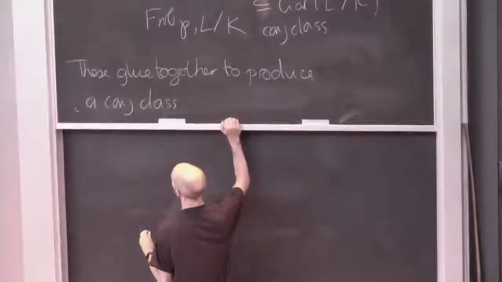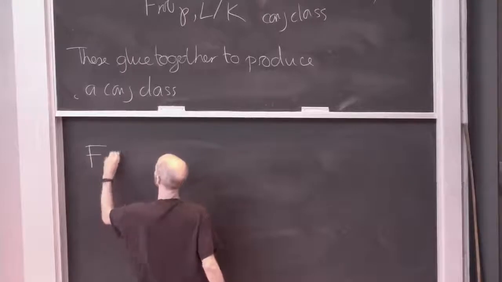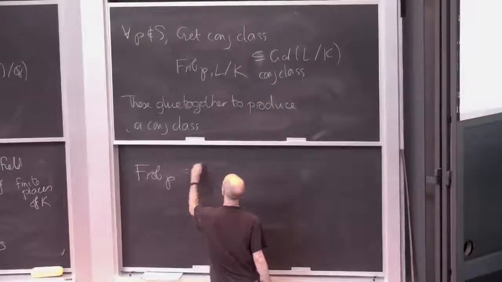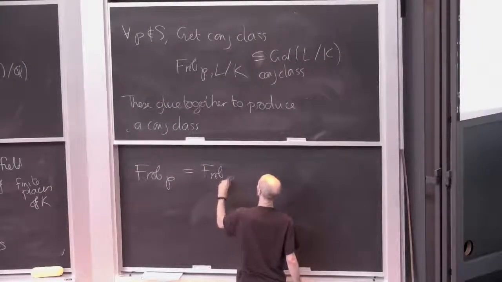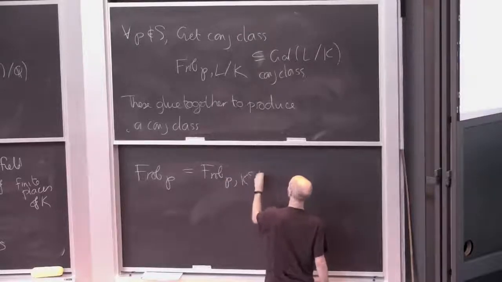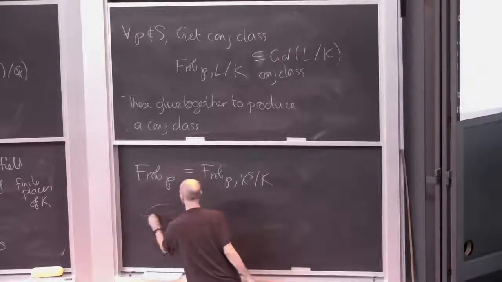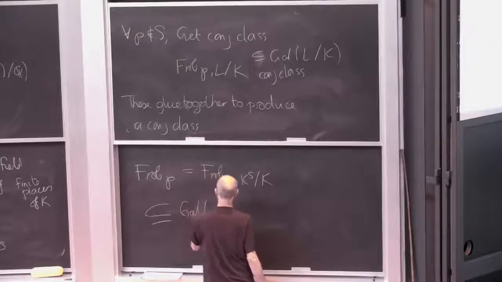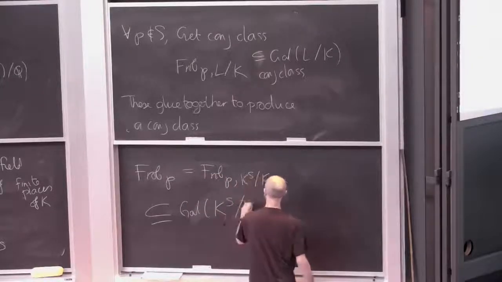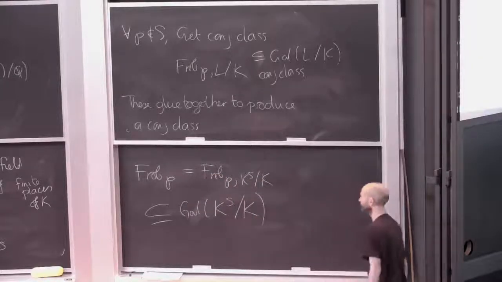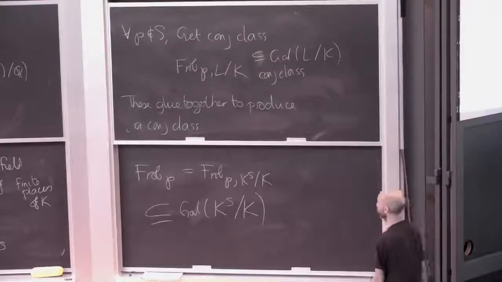And that conjugacy class is now still called Frob_𝔭. And if you like, Frob_𝔭 comma K_S over K, we really want to keep track. And that is a subset of Gal(K_S/K). There. And it's a conjugacy class.